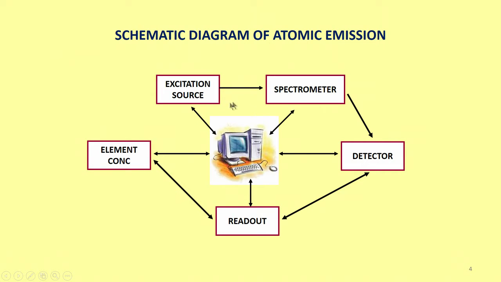All these things are interactive with the central computer. This is the result of the current electronics state of analytical science. It has nothing to do specifically with emission; the computer is only a recent addition to make things simpler.